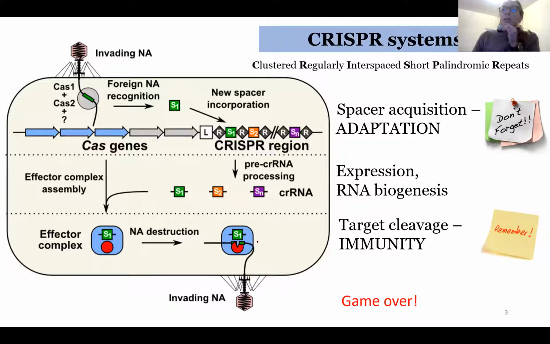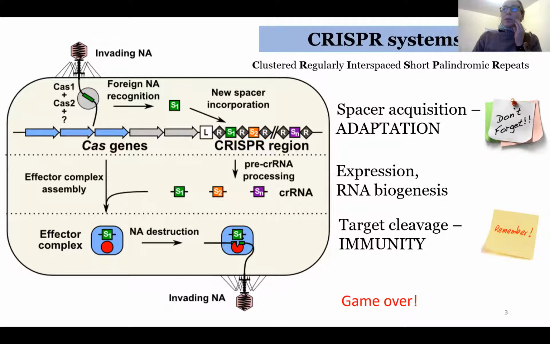And this is how the game is over for phage. So basically, it's the basic schema of how most of the CRISPR complexes work.